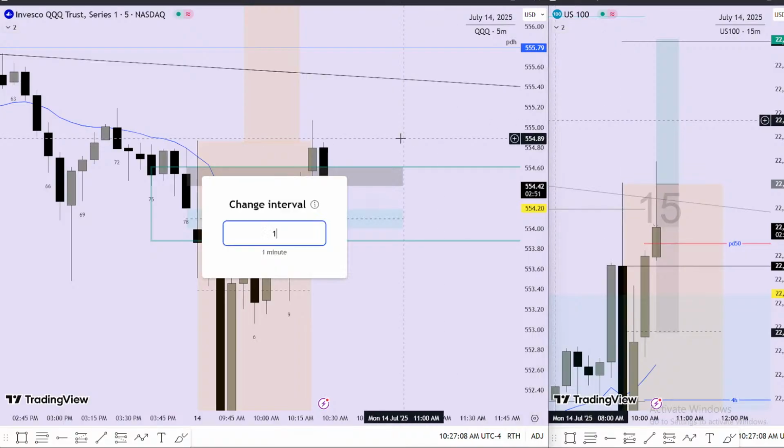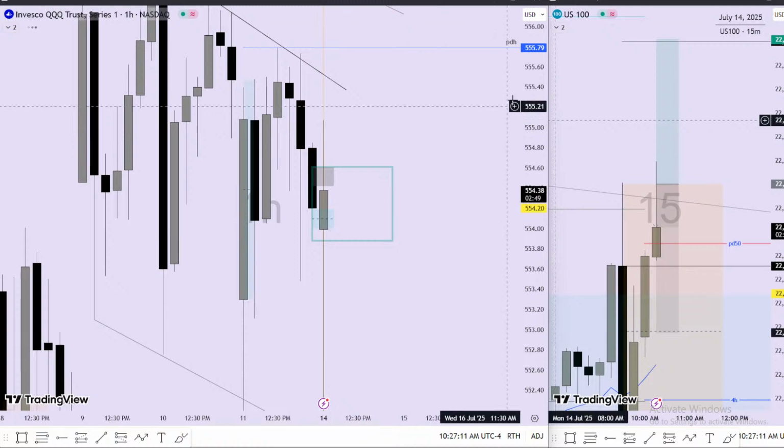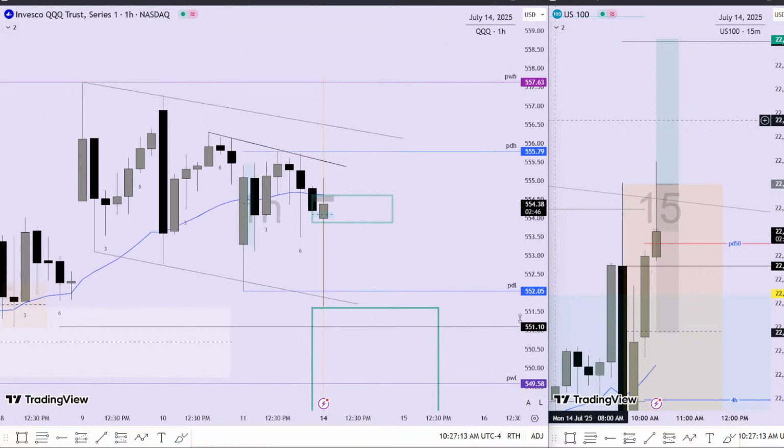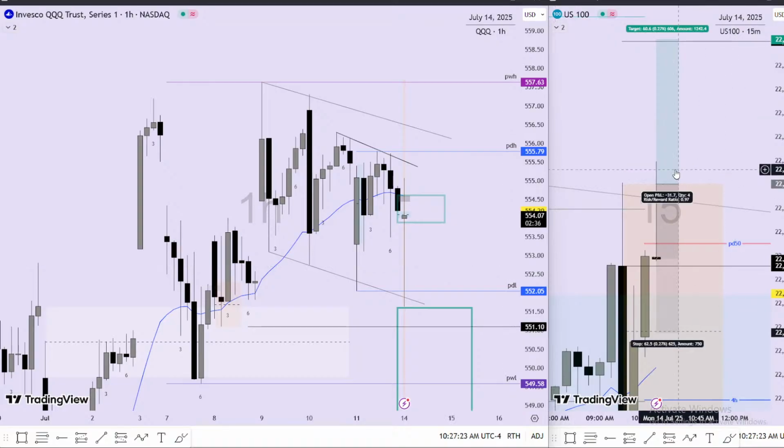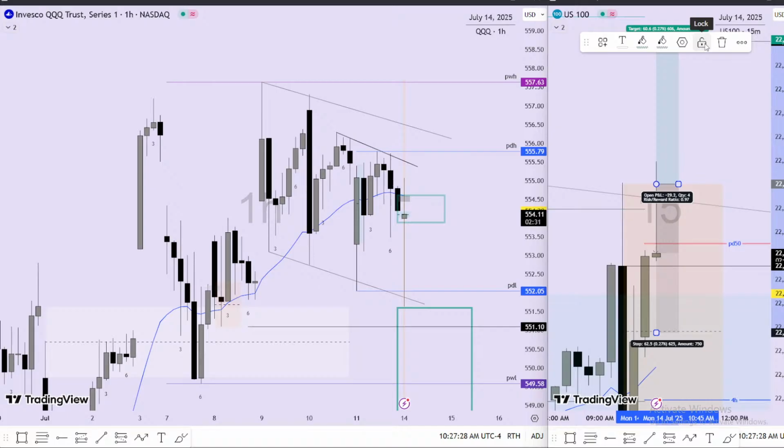3 minutes till the hourly candle is going to close. Getting out at minus 27 points.